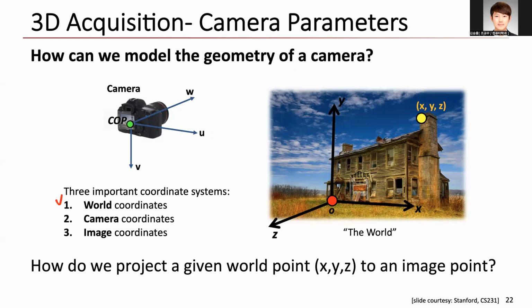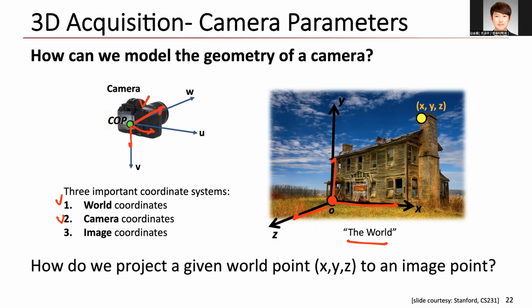The world coordinate means the real 3D world. We can set a virtual 3D coordinate x, y, z here, and another coordinate is the camera coordinate. So if we have the camera here, there is another coordinate compared to the world coordinate. Let's say this is u, v, w, right?